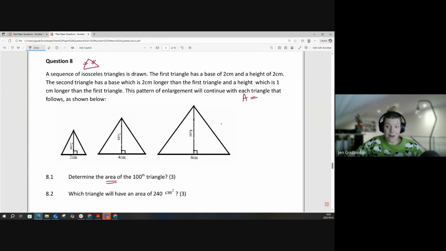And this is why we're going to do measurement revision, so that we are able to answer questions like this, just so you know. Good. Half base times height. Okay, so base times height. So for this one, 2 times 2. So that's going to be 2 centimeters squared.